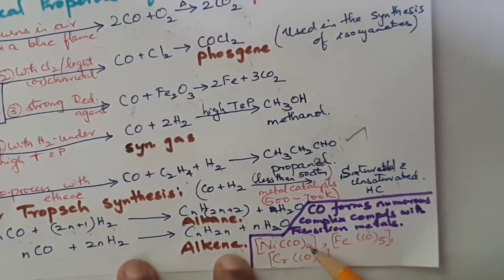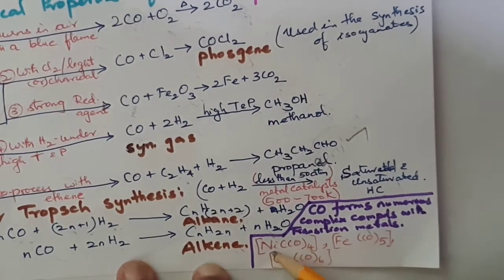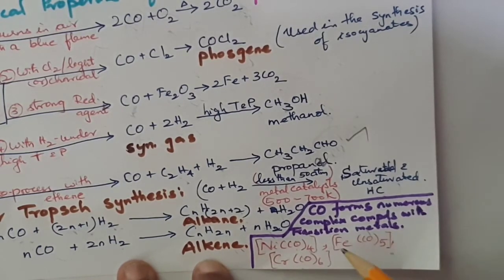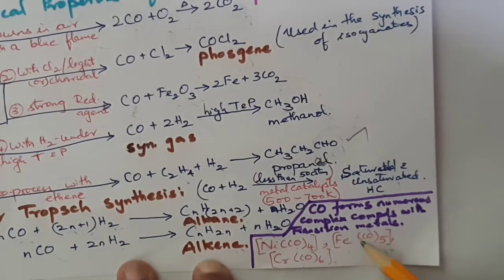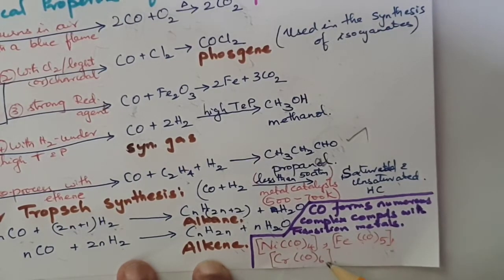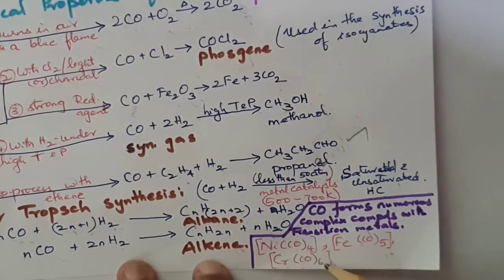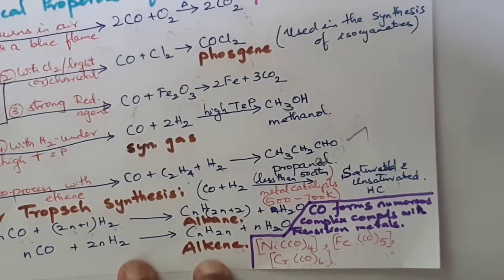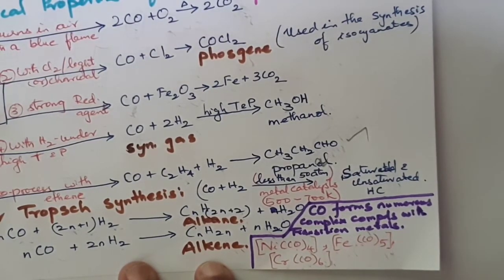Some of the compounds obtained will be Ni(CO)4, with the name nickel tetracarbonyl, and Fe(CO)5, iron pentacarbonyl, Cr(CO)6, chromium hexacarbonyl. So these are all complex compounds formed with carbon monoxide and the metals, and the metals used here are transition metals in their zero oxidation state.